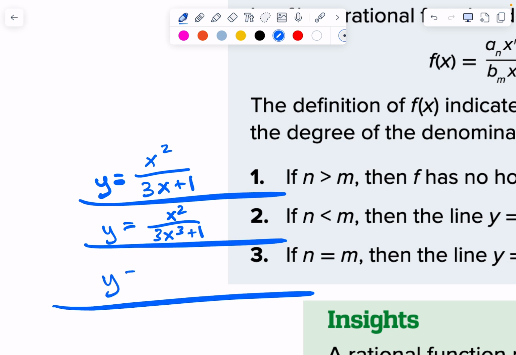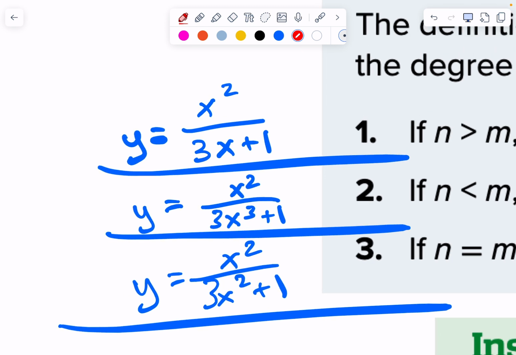And then y equals x squared over 3x squared plus 1. Just changing it ever so slightly. Okay, those are my 3 examples. Write those down and we'll talk about them.